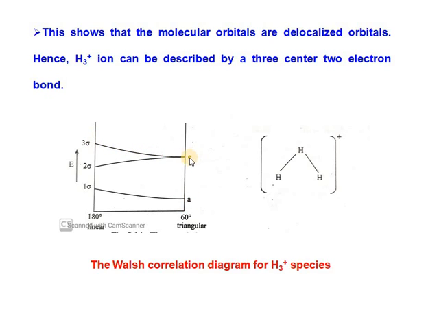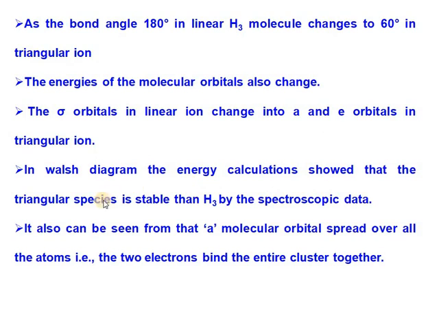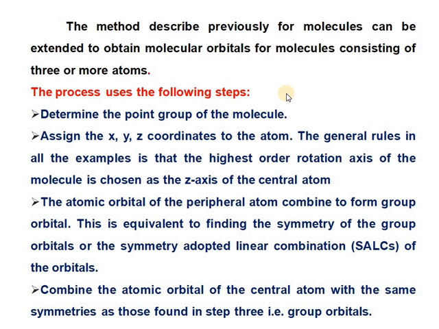So A to E. As the bond angle changes from 180 degrees in the linear S3 molecule to 60 degrees in the triangular ion, the energy of the molecular orbitals also changes. The sigma orbitals in linear change into A to E, right?